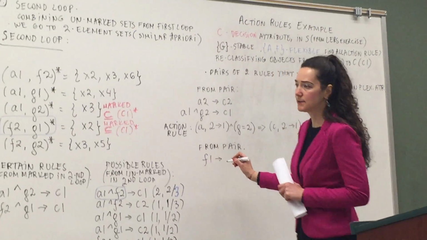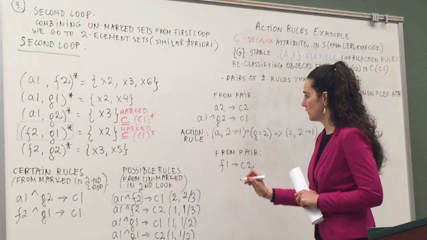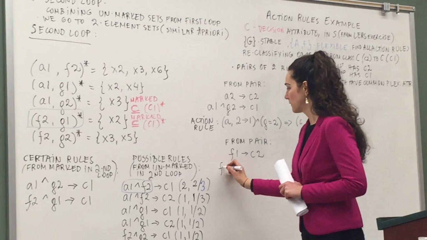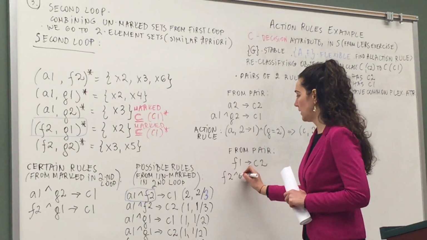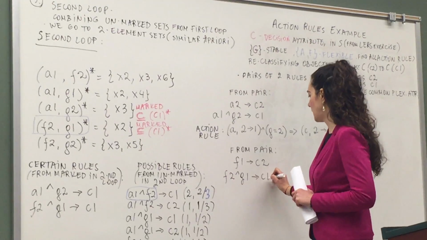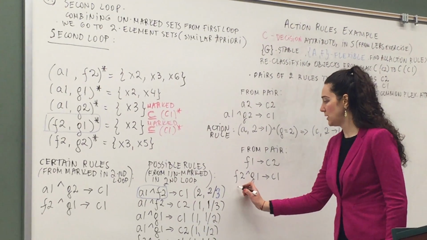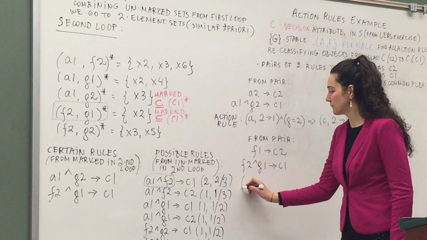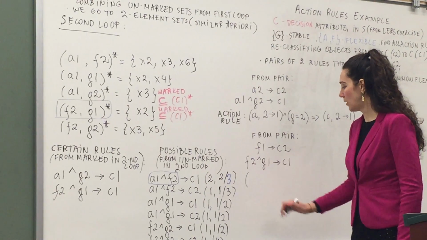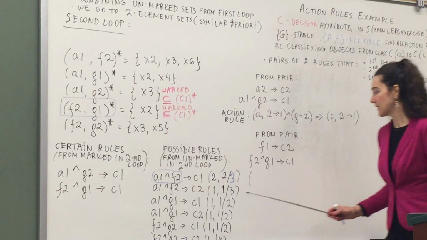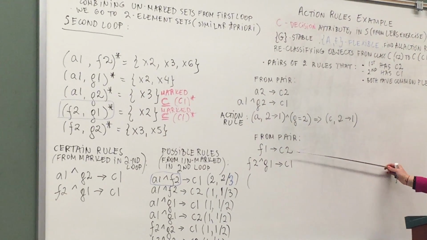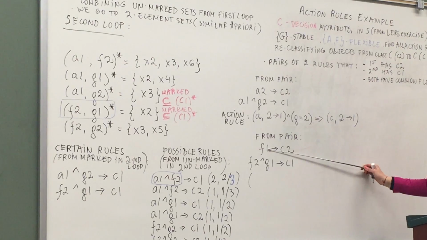F1 implies C2 and F2 and G1 implies C1. So what will the action rule be? We want to change from class C2 to C1, so F has to change from 1 to 2.